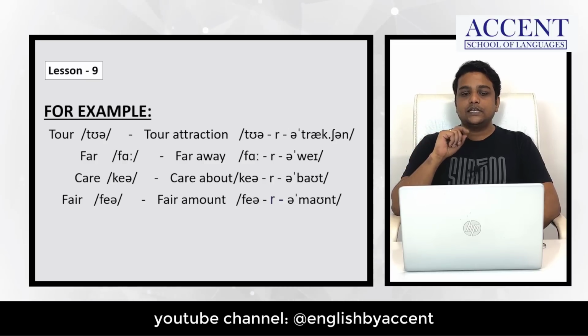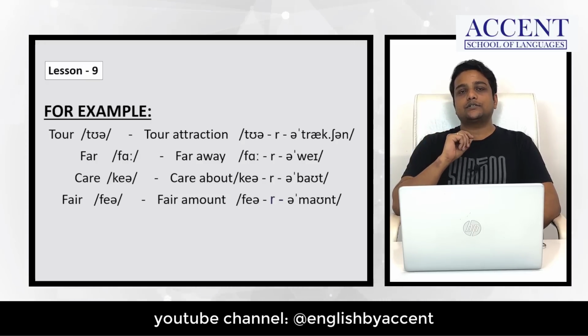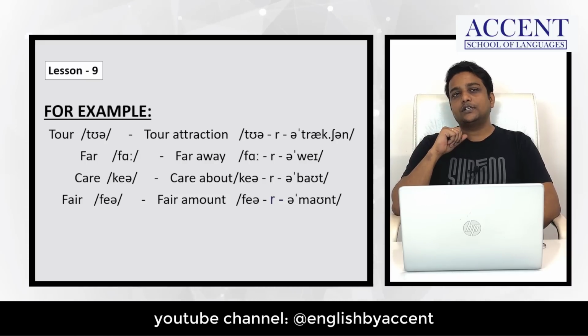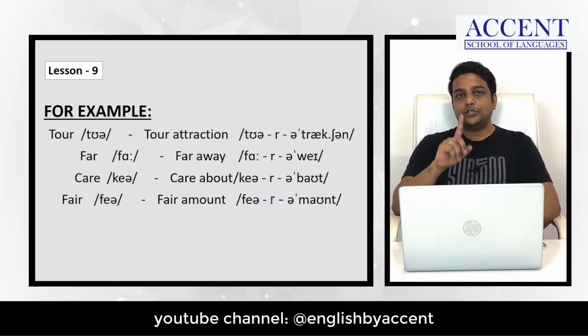For example, if you find tour and attraction together, we don't have to call it tour attraction. That's incorrect. We have to call it tour rattraction. I hope you are getting the R sound before attraction.